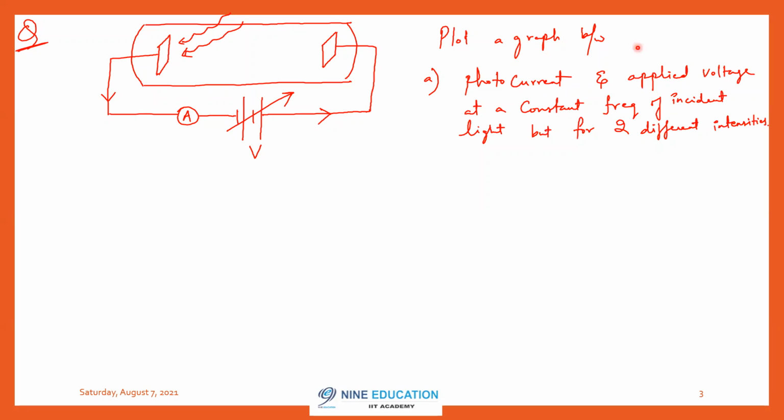You can say I1, which is greater than I2. There are two different intensities of light.